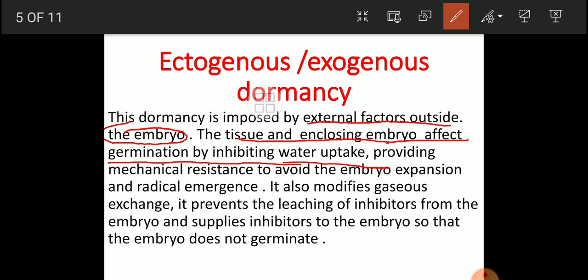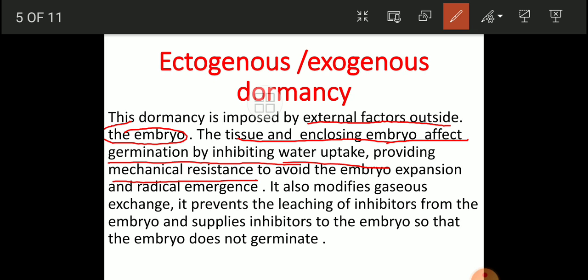How does this happen? The external factors outside the embryo prevent the entry of water up to the embryo, or inhibit water uptake, and that uptake is prevented because of mechanical resistance.